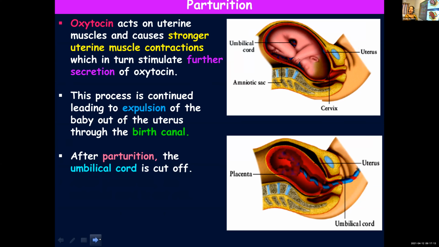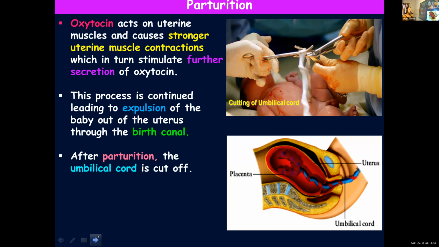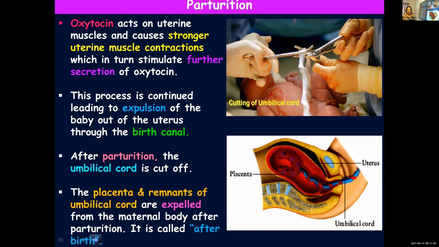Once parturition has taken place, the umbilical cord will be cut off. Next comes afterbirth. The remnants of the placenta and umbilical cord will also be expelled out, following the delivery of the baby. This is known as afterbirth, because now it is no longer needed. The placenta is not needed because the lady has delivered the baby.